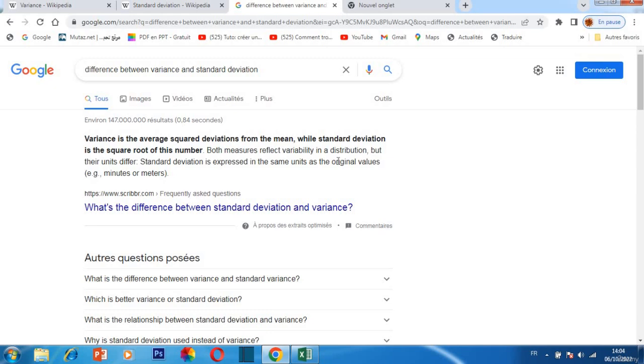Standard deviation is expressed in the same unit as the original value. For instance, squared deviations, which is the variance, we can't express in the unit, but the standard deviation we can express in the same unit as the original value.